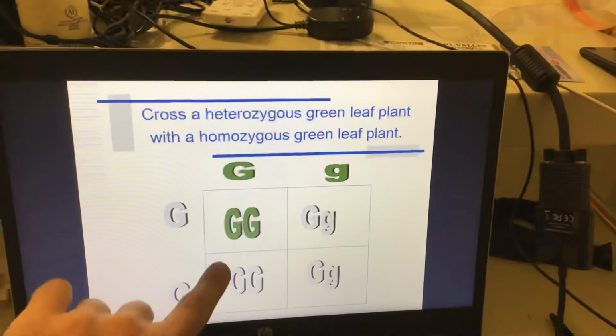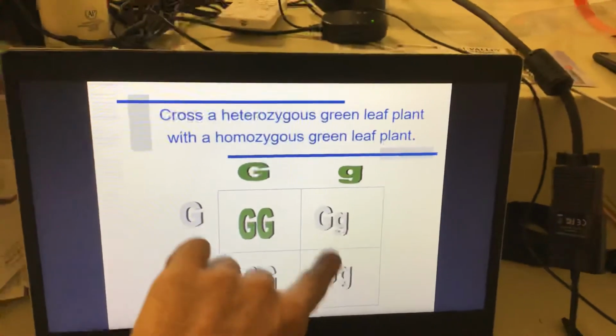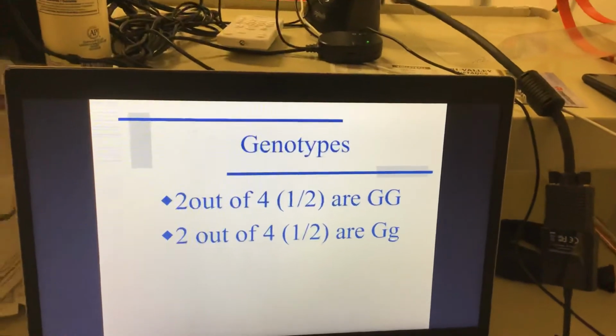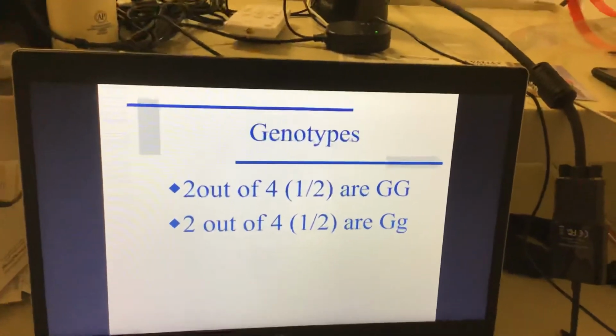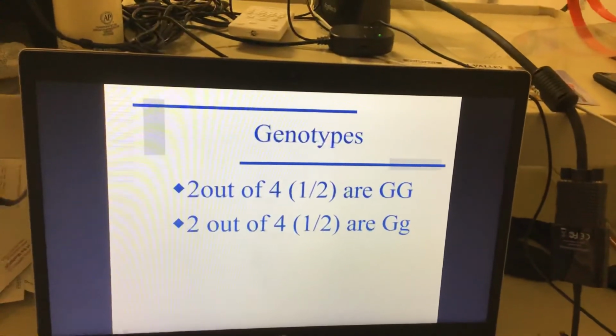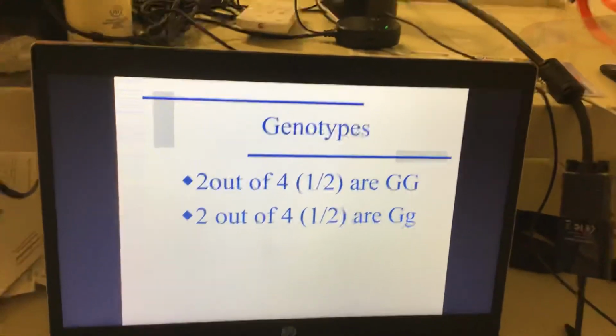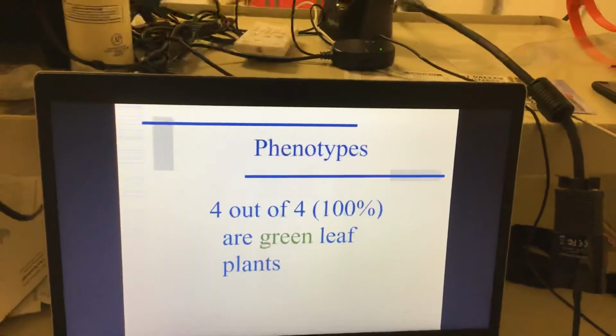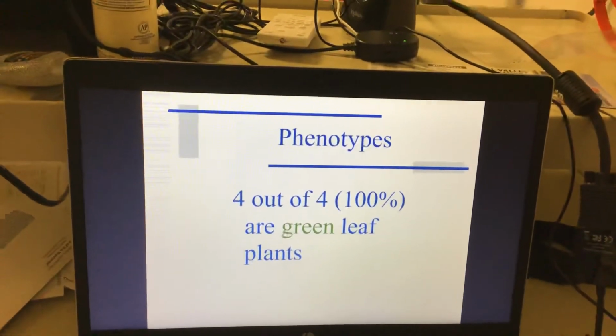So these two are homozygous green. These two are heterozygous green. By the way, 2 out of 4 will be big G, big G, or half. 2 out of 4, or half, will be big G, little g. But they're all going to be green. You will not get any yellows.